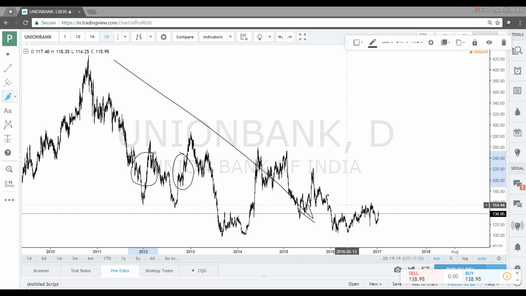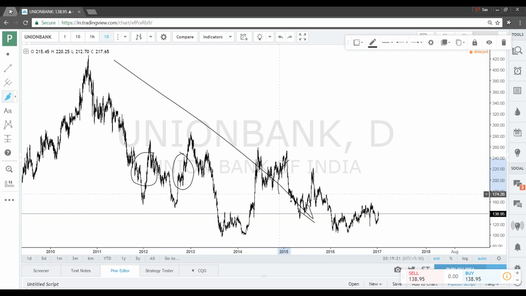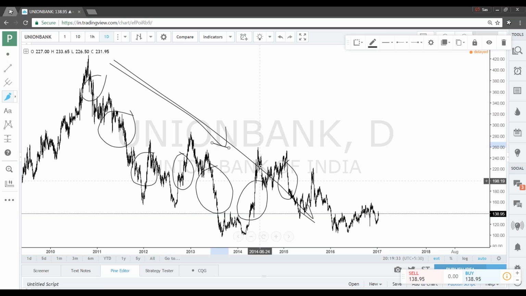So this was an impulse falling down. All the down moves in Union Bank are like impulse. This may look like an impulse, but in the overall direction, this is again a correction, because again it is going down. But if you compare here, maybe there is a bottom here.